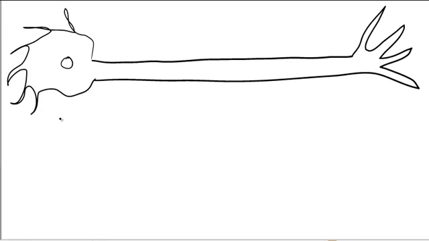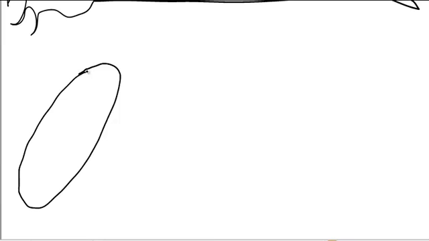Okay, if this is the axon, what happens is you have something like a Schwann or oligodendroglial cell, depending on whether you're in the PNS or CNS.